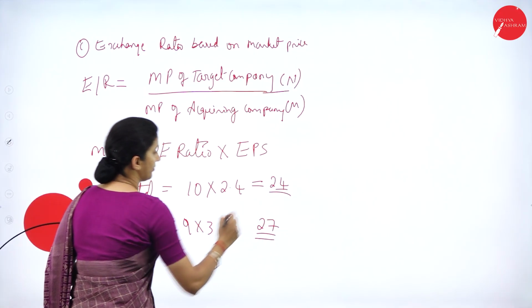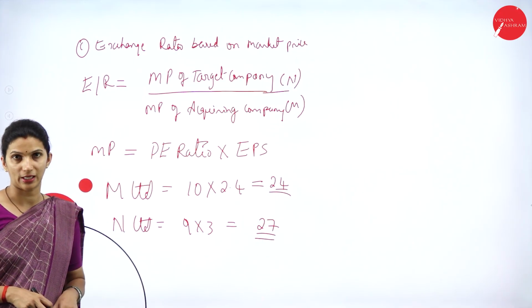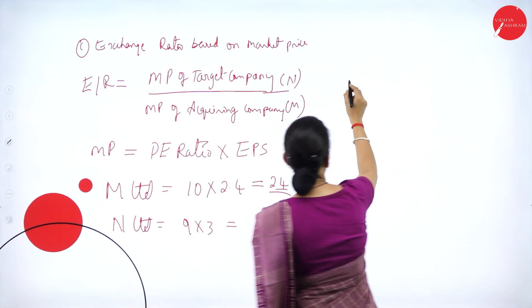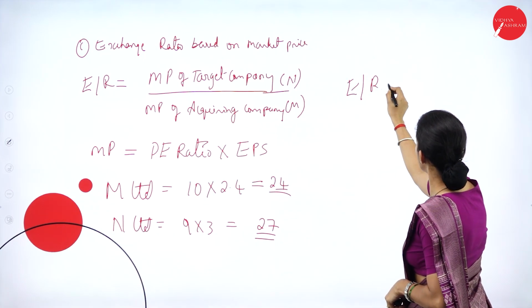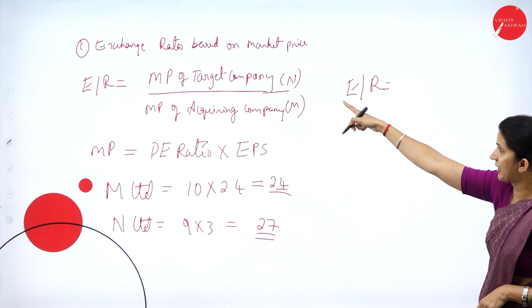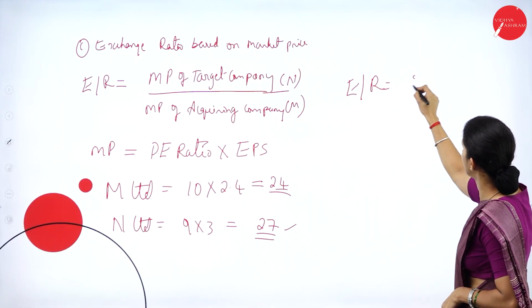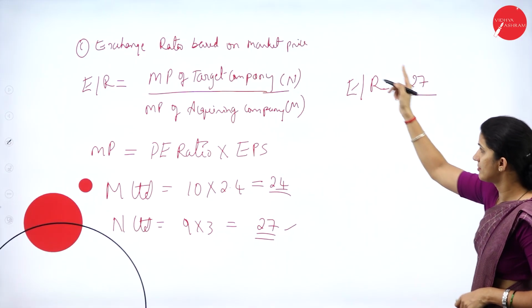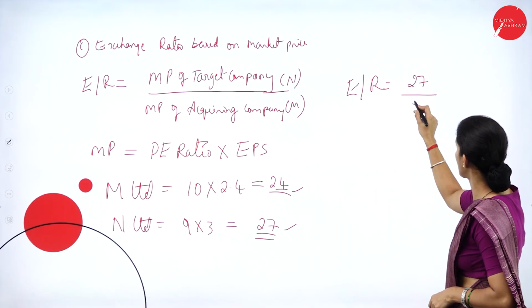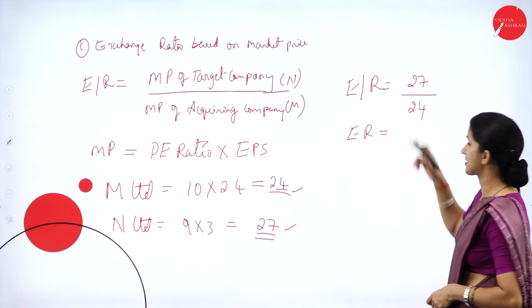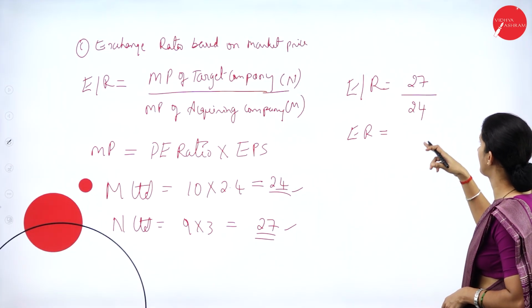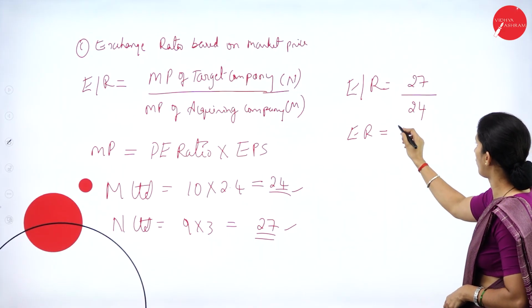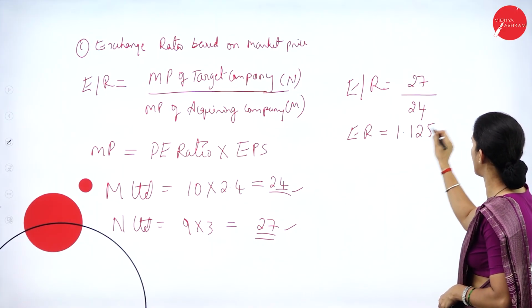So now we have the market price of both the companies. Now we'll apply the formula. Exchange ratio is equal to the market price of the target company, 27, divided by the market price of the acquiring company, 24. So the exchange ratio, 27 divided by 24, is 1.125.